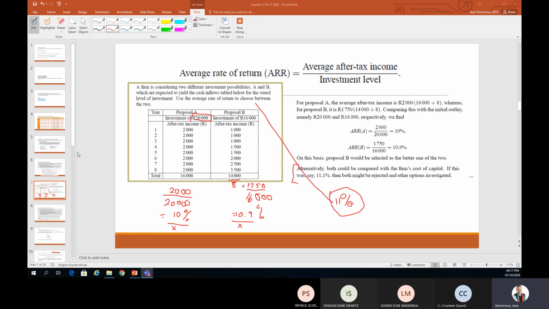Okay, so that's basically the first one, the average rate of return. Are you guys happy with that, how that is formulated and how that is calculated? I can't remember if there was in one of your assignments the average rate of return.